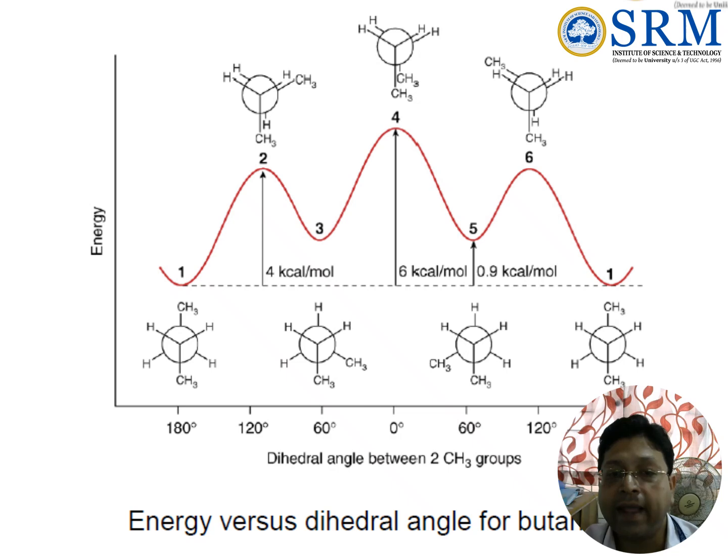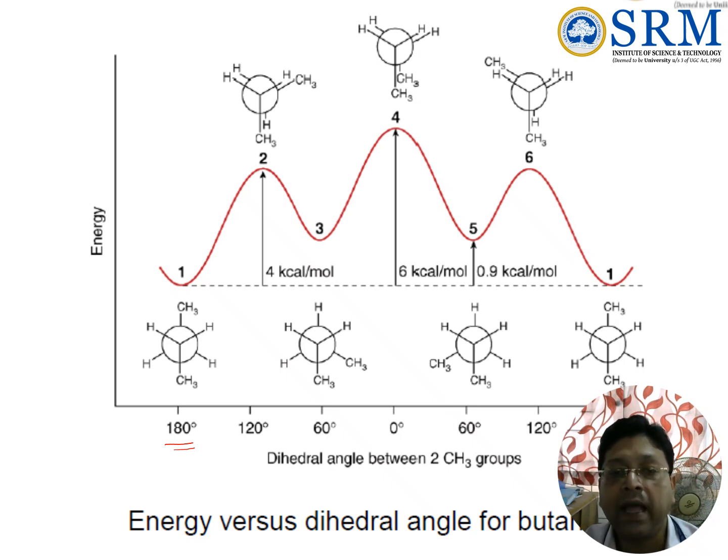And this crest, the mountain top, is always occupied by the eclipse conformation. Now you can see here the most stable conformation, staggered conformation, and anti. So that is why I have written 180°. The dihedral angle is 180° because it is the most stable conformation.